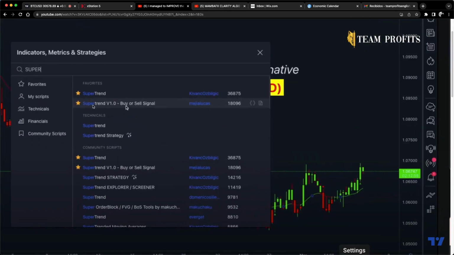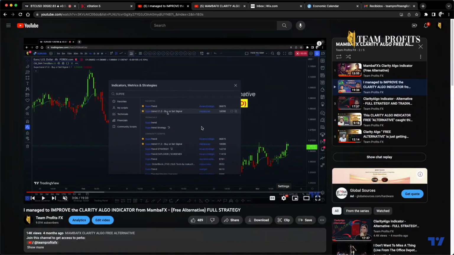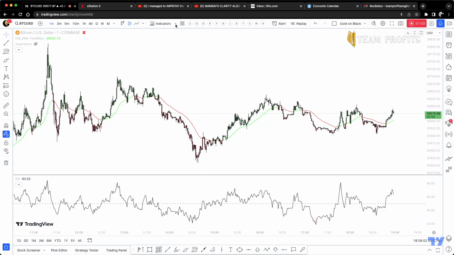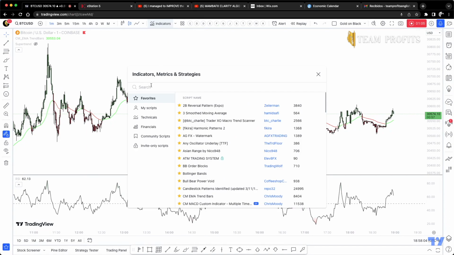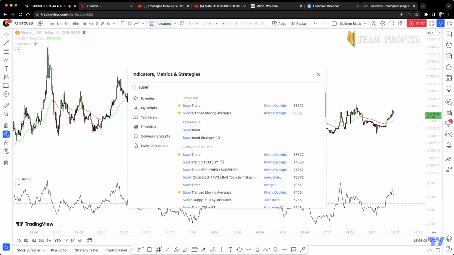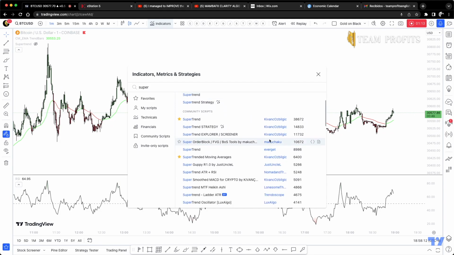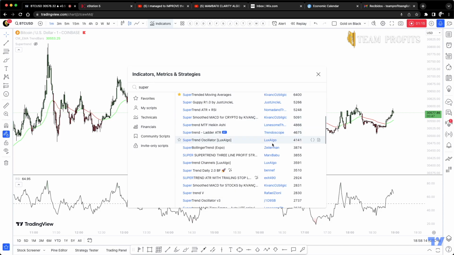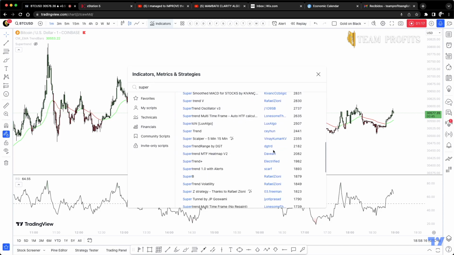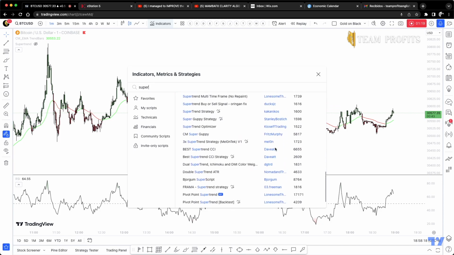Yeah, the super trend buy or sell by this Mejia Lucas looks like it has been removed. If you go right now on indicators and look for super trend, it's actually not coming out. Looks like he removed it or something.